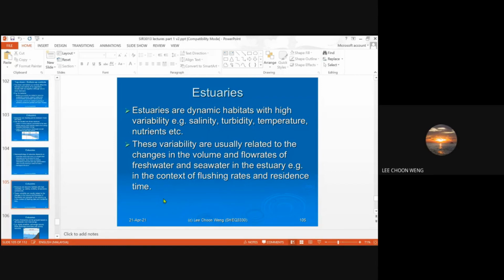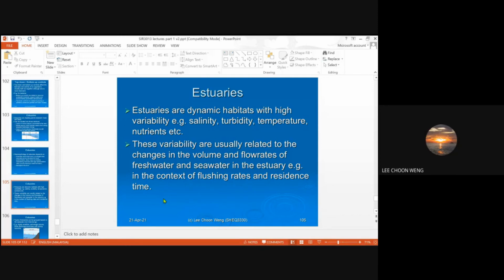Okay, this one will have consequences because when you're looking at pollution studies, you are interested in the flushing rate because you want to know how long it takes before the pollution can be removed from the river mouth. You want to know that, okay?